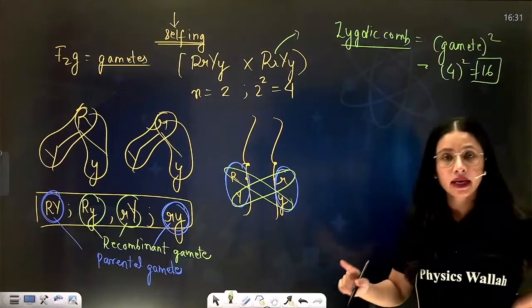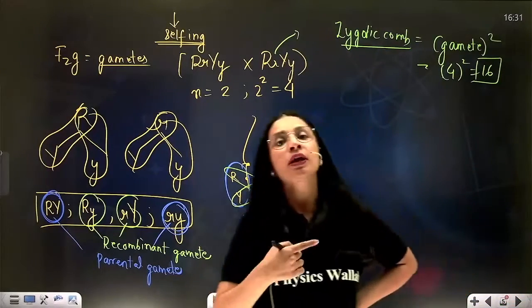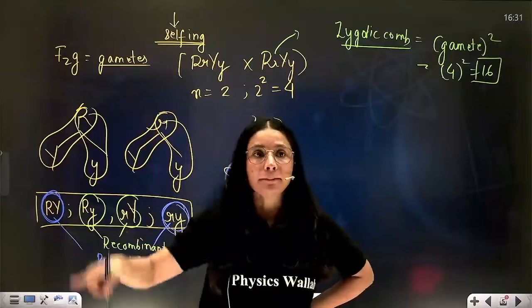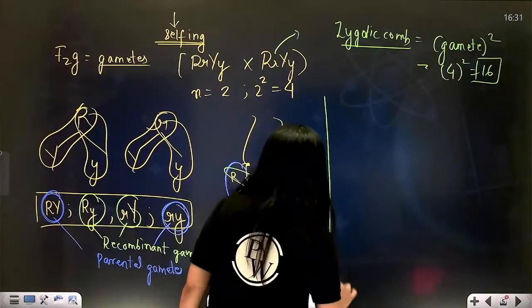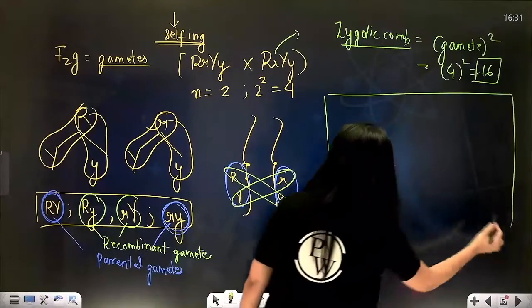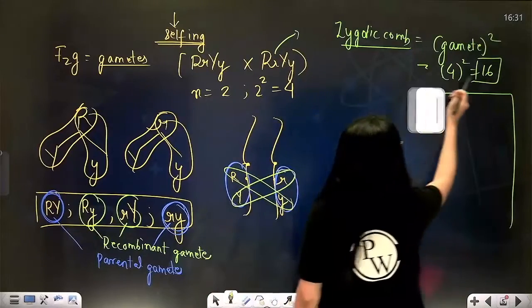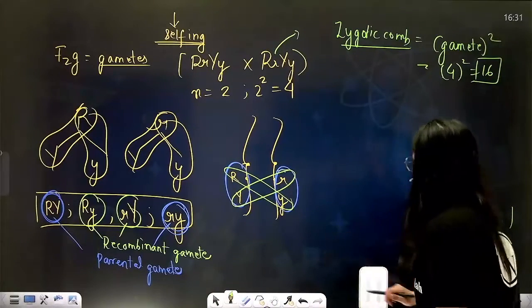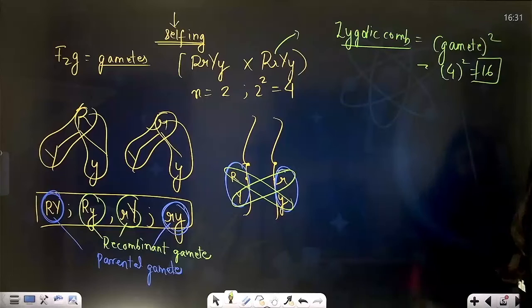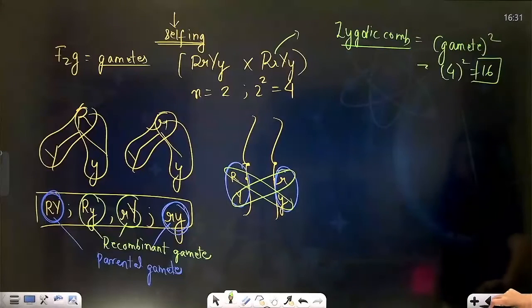And to make sure that we are obtaining them, we have to draw a Punnett square. I think this is going to be a small space. For a Punnett square, we need a complete full page. Okay, I'll just add one extra page.